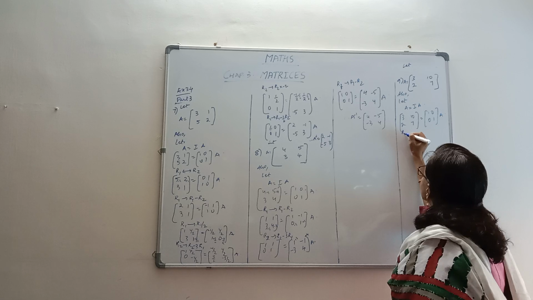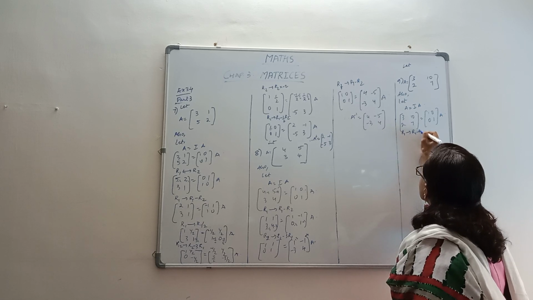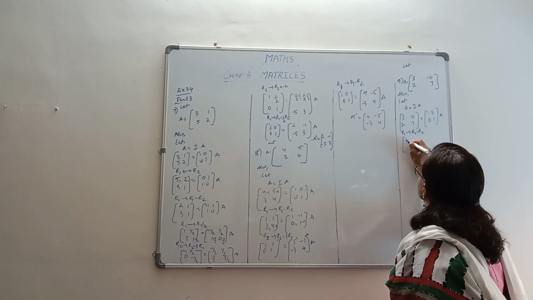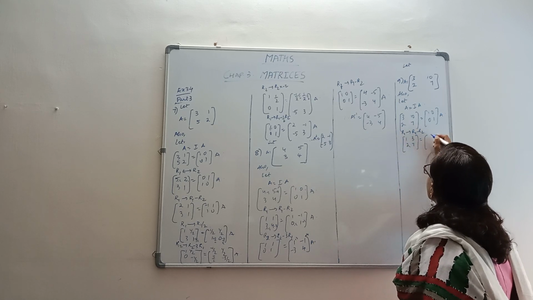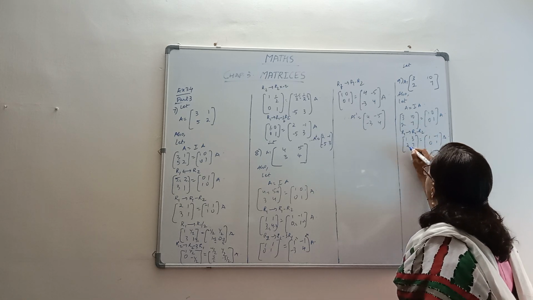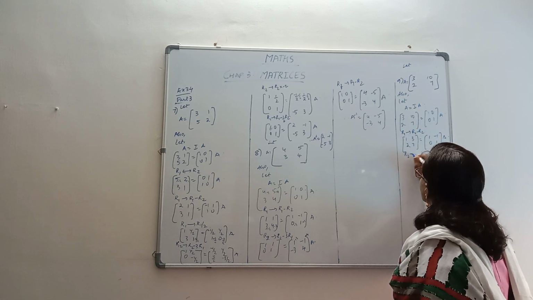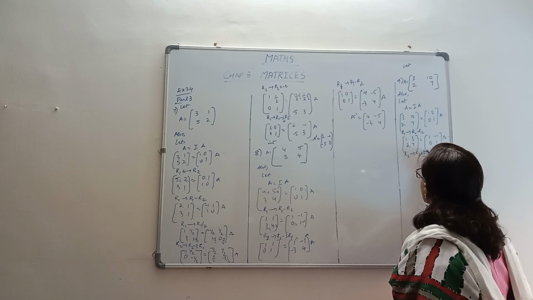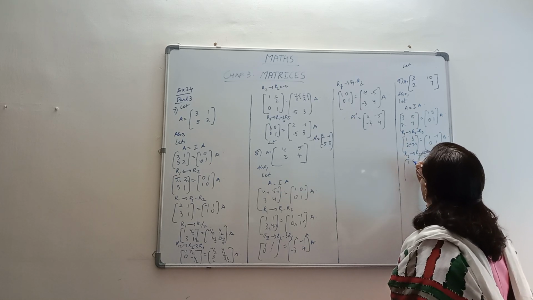Now R1 minus R2. Then this has to become 0, so R2 becomes R2 minus 2 R1, so it's like minus 2 minus 6, so 1 3 0 1.